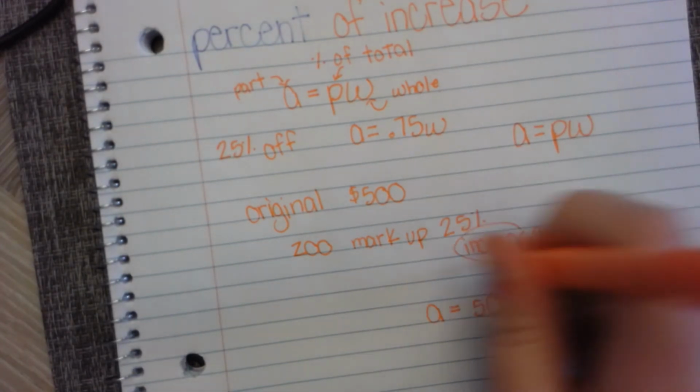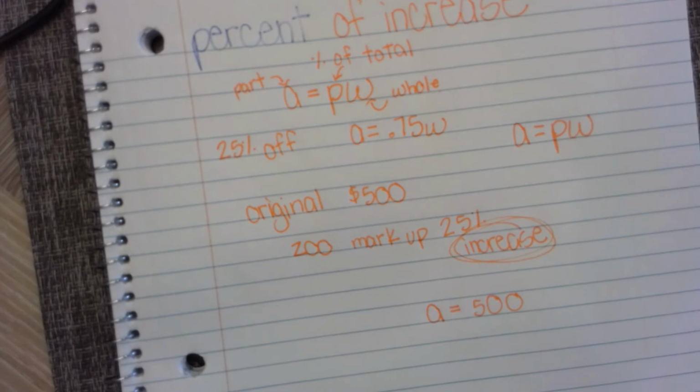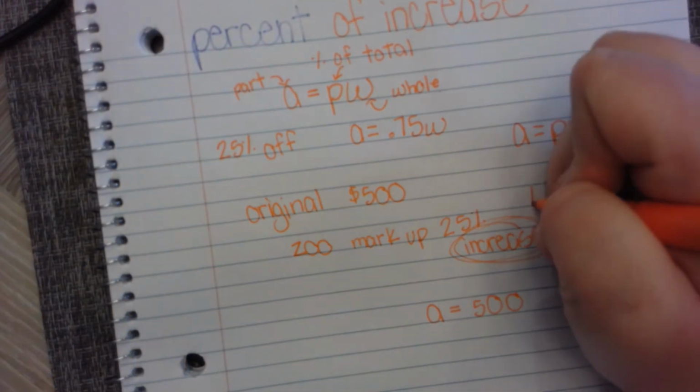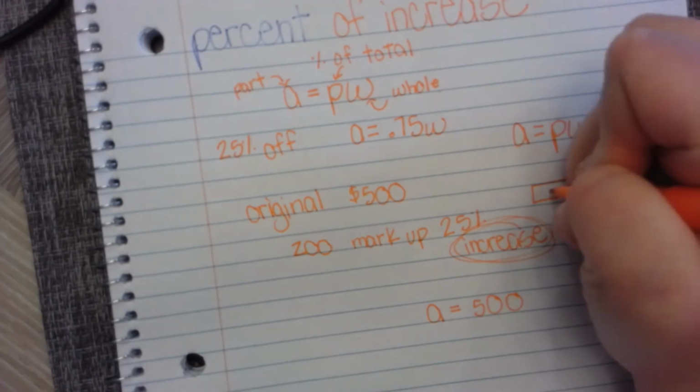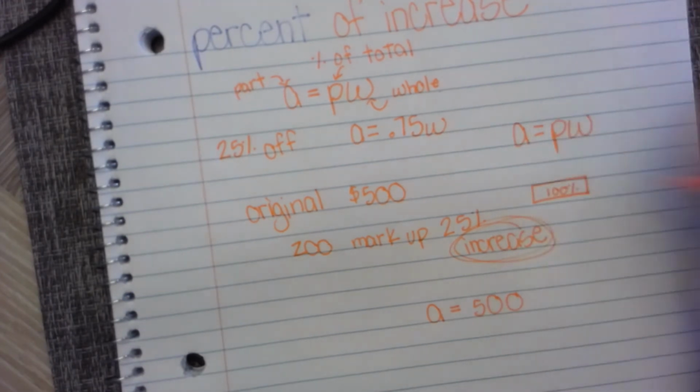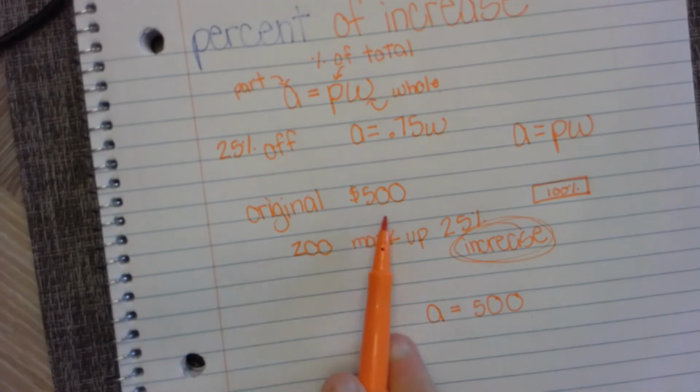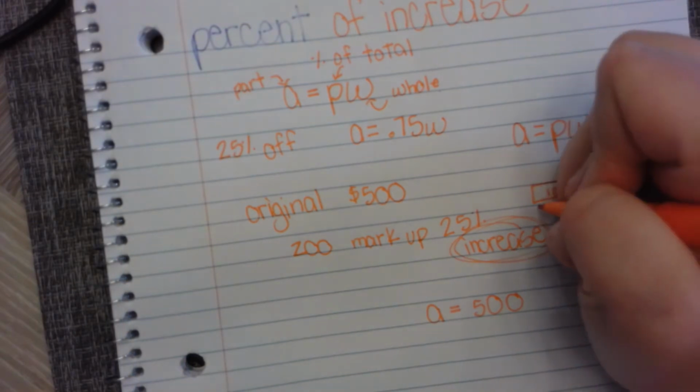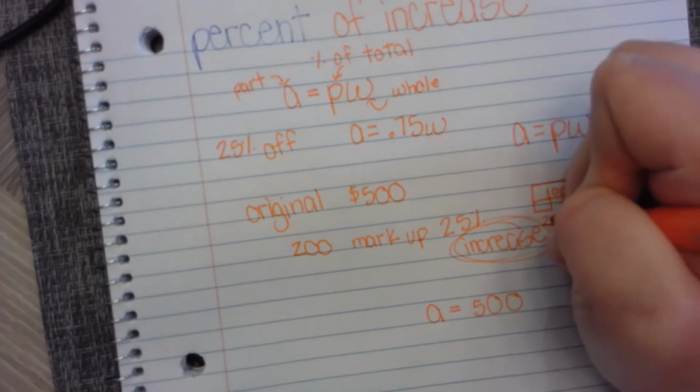Now, when it is an increase, that means you are going to be paying for more than one of the items. So if we go back to our chocolate bar example, if we are paying for 100% of the chocolate bar, that's the $500. I am going to mark up this price by 25%.